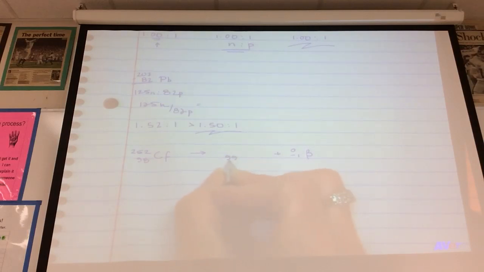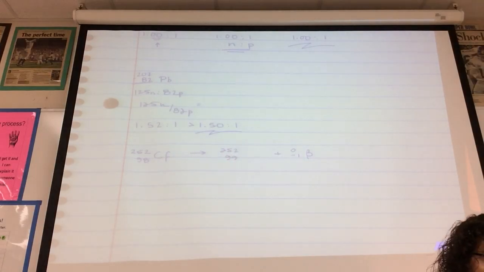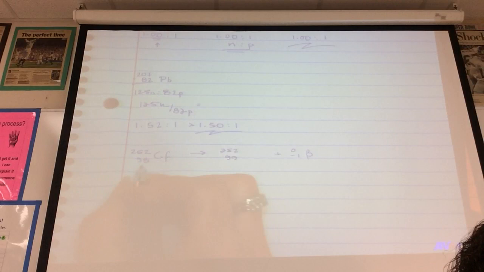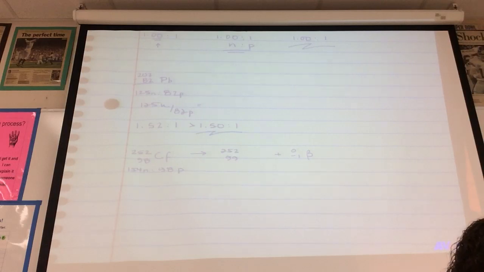That increases the number of protons. Mass number doesn't change. So if you compare the neutron to proton ratio here, 252 minus 98 is 154 neutrons to 98 protons. So if you divide that, you get 1.57 to 1.